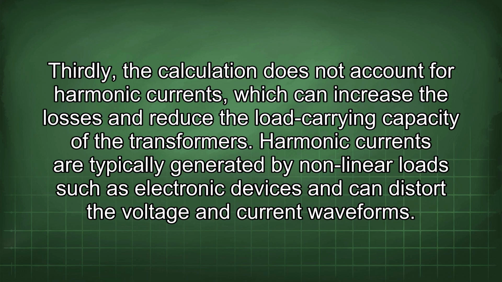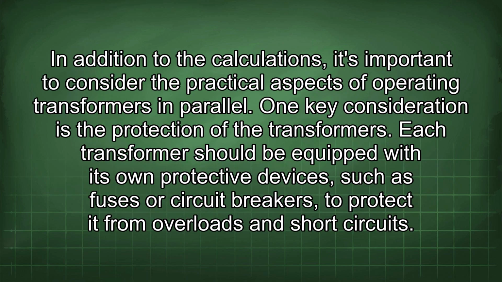In addition to the calculations, it's important to consider the practical aspects of operating transformers in parallel. One key consideration is the protection of the transformers. Each transformer should be equipped with its own protective devices, such as fuses or circuit breakers, to protect it from overloads and short circuits.